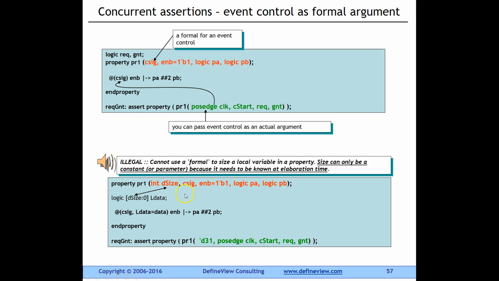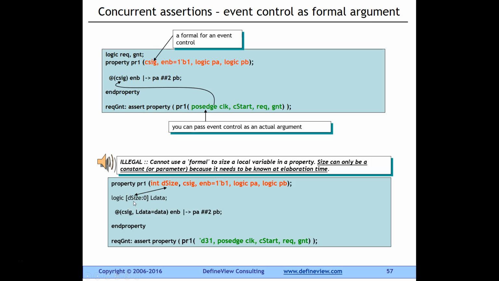The point I'm making here is inside a property, you have a variable called LData, which is of size D size to 0. What I'm saying is I'm passing the formal D size to size this variable LData, and then passing 'd31 to declare this LData, which will be 31:0.